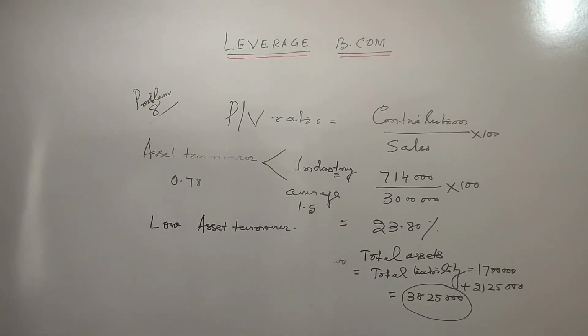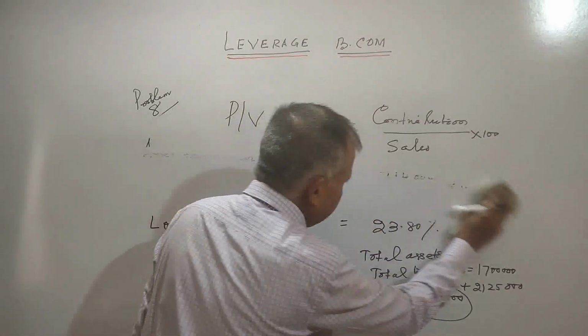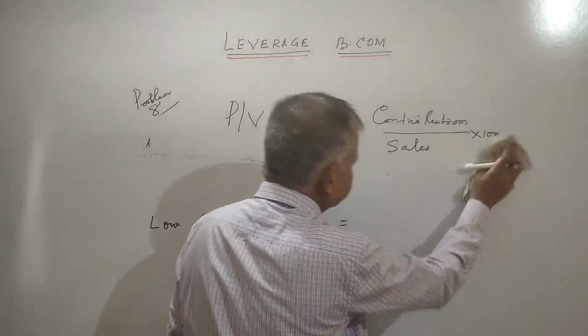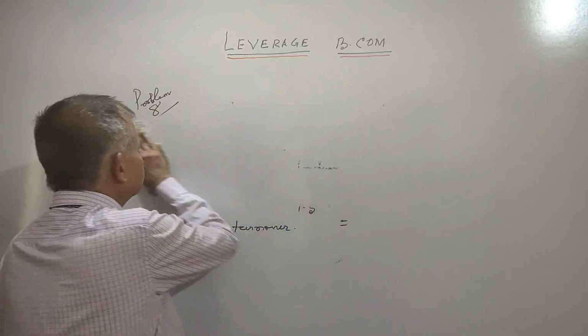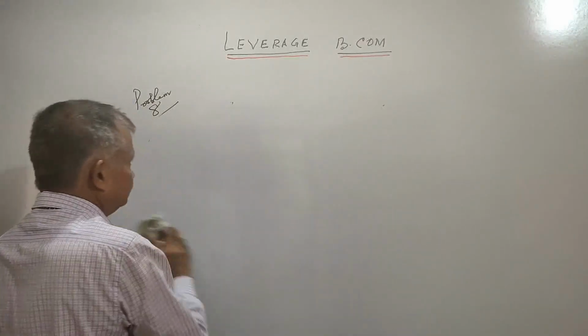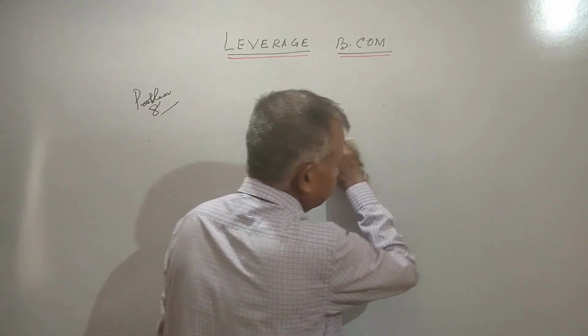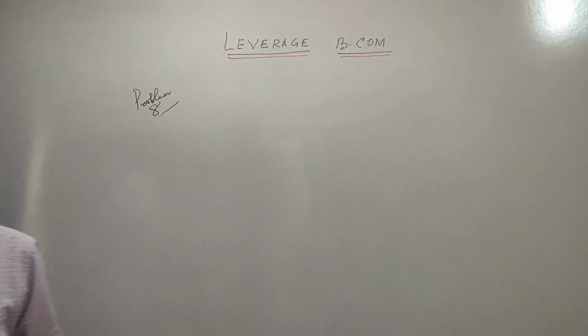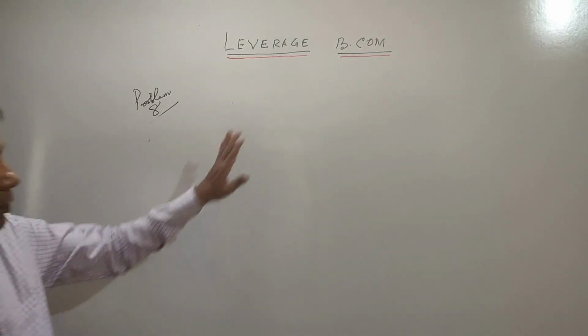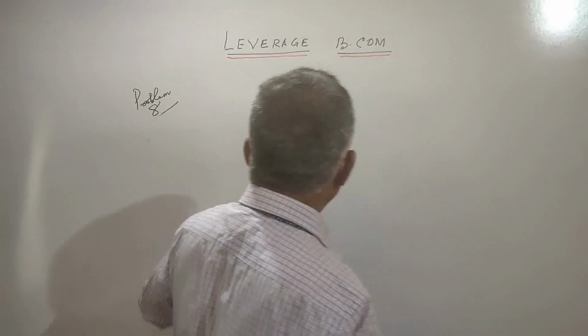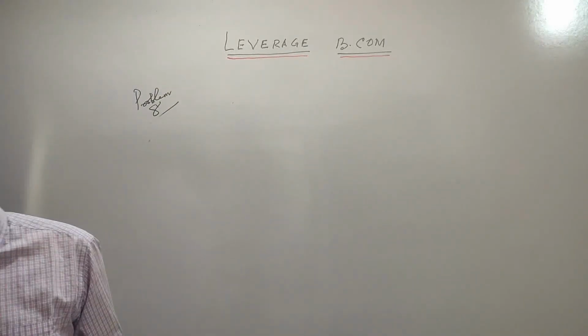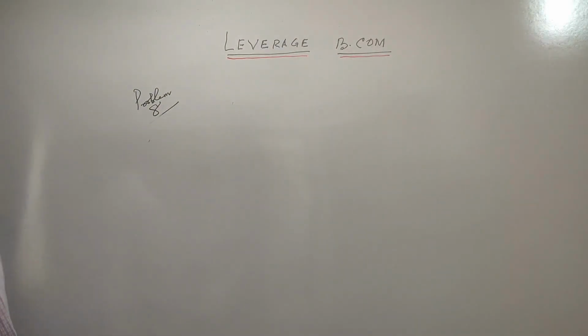So let us come to the last part of the problem. We need the EBT to be 0, right?